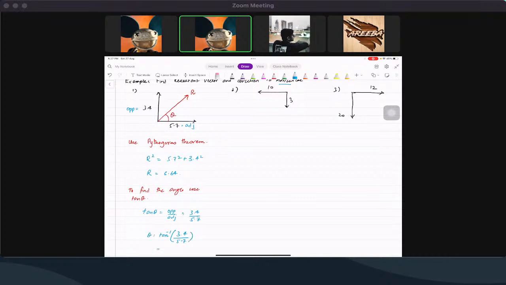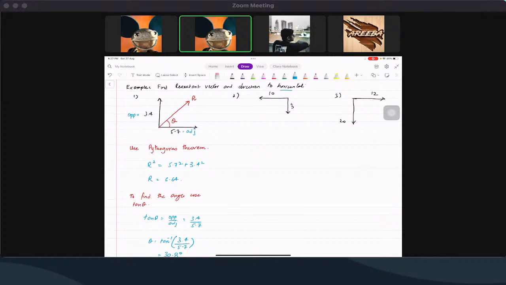This should be about 30.8 degrees. Understood? Yes, sir. Now I want you to do the next two, please, and tell me the answers. You also need to draw the resultant vector and the angle.